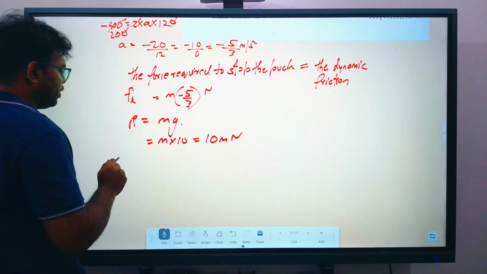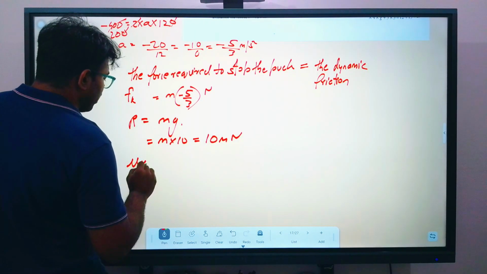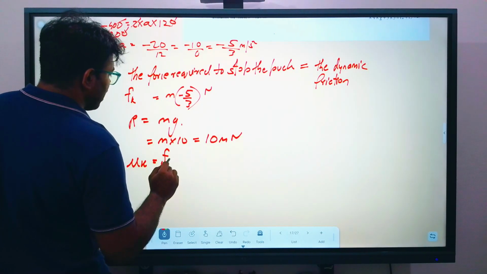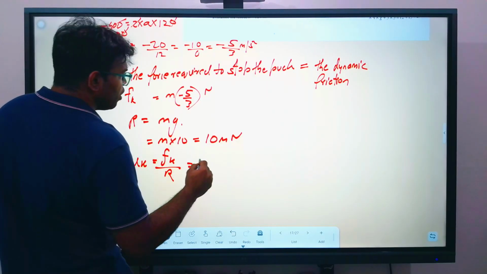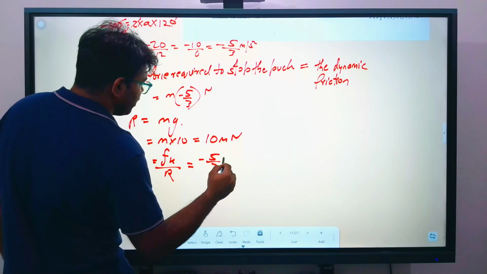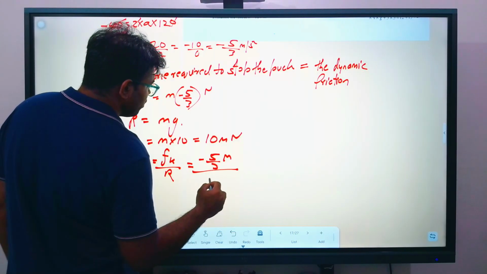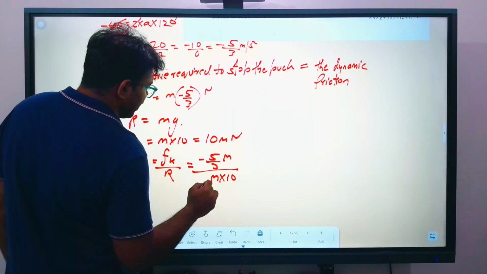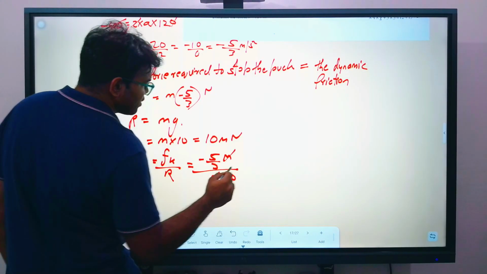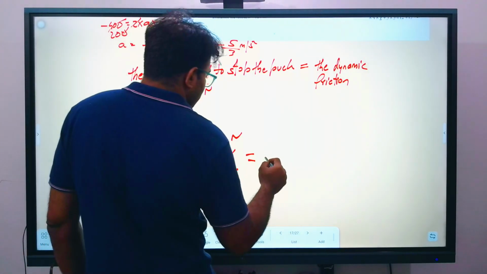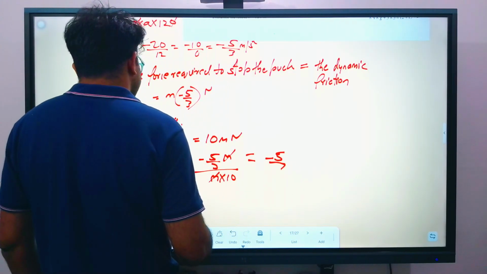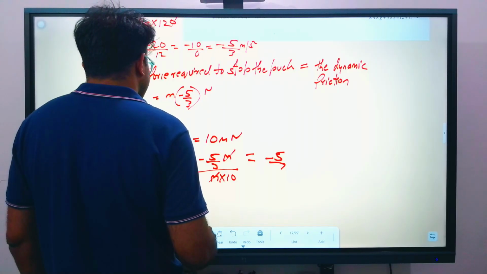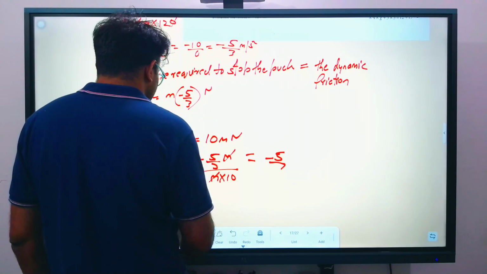So we know that mu kinetic is equal to F k upon R, which is minus 5 upon 3 m upon m multiplied by 10. This and this get cut off. We have to use the magnitude, right? There is no minus here.